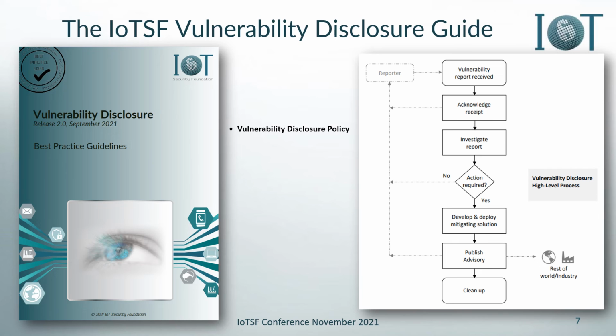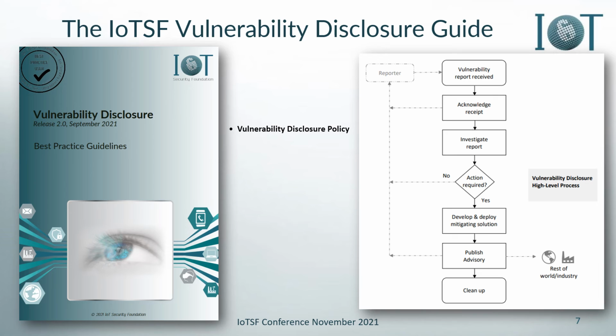Central to the whole CVD process is the Vulnerability Disclosure Policy. This policy is developed by the manufacturer themselves, although hereafter I shall refer to them as the generic term vendor as used throughout the documentation.